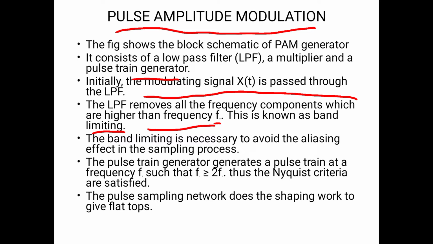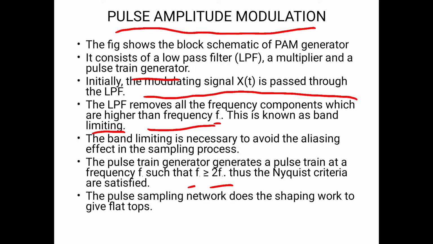Now let's see the pulse train generator. The pulse train generator generates a pulse train at a frequency fs such that fs is greater than or equal to 2 fm, thus the Nyquist criterion is satisfied.